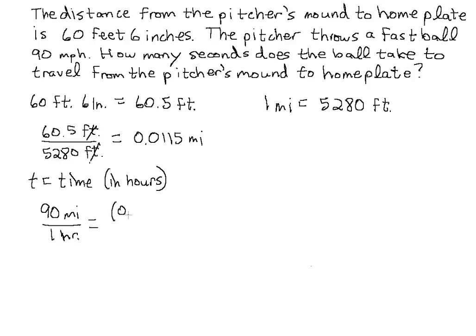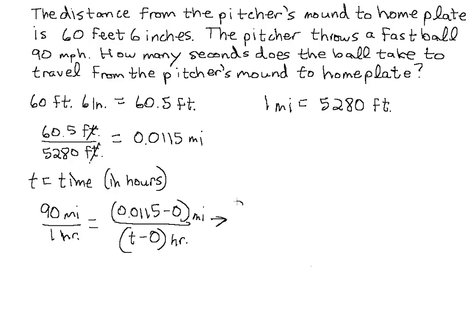So we have 0.0115 minus 0, since we have an original distance of 0. We're starting from the beginning, and we went this far from the pitcher's mound to home plate. Now the change in time: we have time t minus 0, because we started originally at time 0. This is in miles, this is in hours.